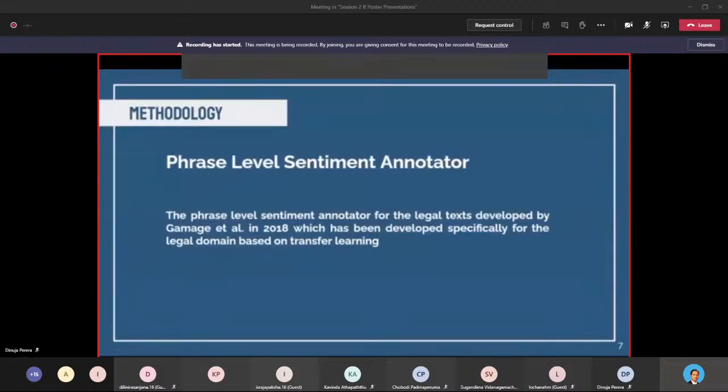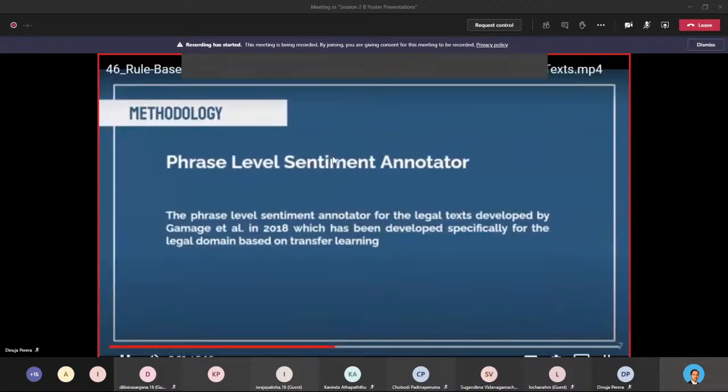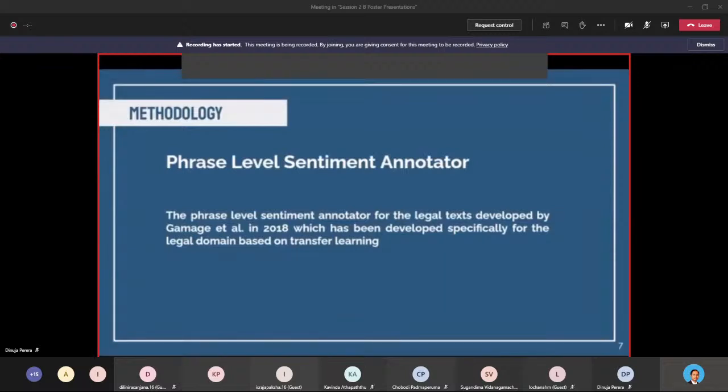Our approach is primarily built around the phrase-level sentiment annotator, which is specifically developed for the legal domain. In the phrase-level sentiment annotator, the sentiment of a phrase is classified into one of negative or non-negative classes without considering any specific party involved in the sentence.